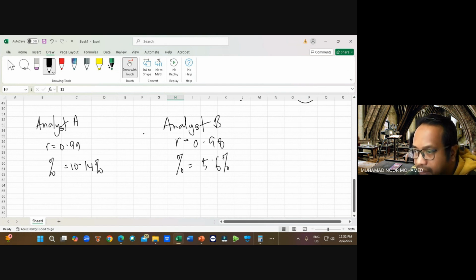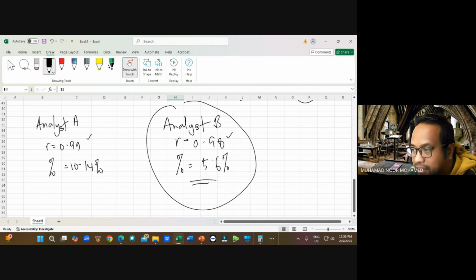So based on these two readings, both analysts are quite good, with very high intra-tester reliability and relation, but the least amount of error represents the better one. So we can say that analyst B is better simply because he shows less error compared to analyst A.